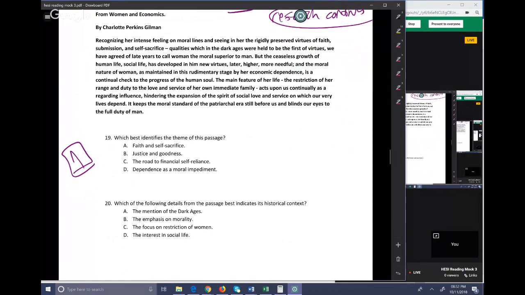The reason that they said theme here is there really isn't exactly a main idea in this. Everything was alluding to something as opposed to being stated and focused on. So they could have also put main idea here and you would have answered it the same way. But in this particular instance, theme does make sense.